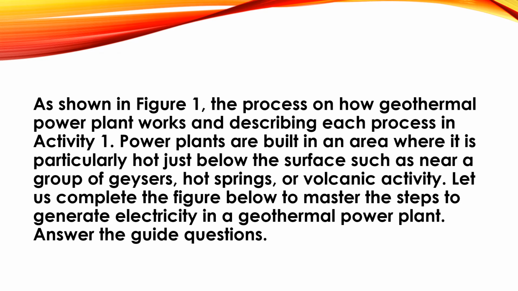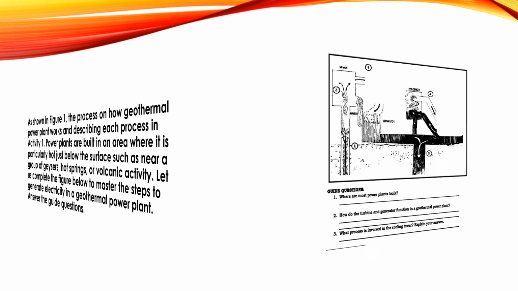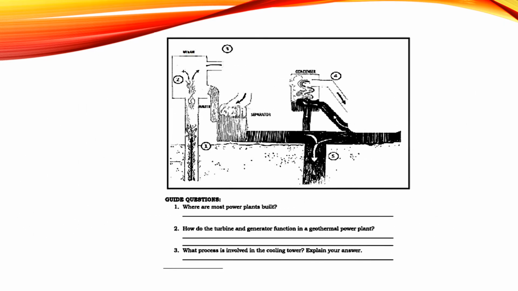Let us complete the figure below to master the steps to generate electricity in a geothermal power plant. Answer the guide questions. You will just complete the illustration by drawing the missing stage. After that, you will answer the guide question.